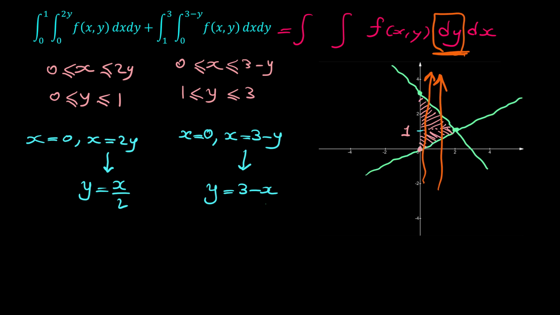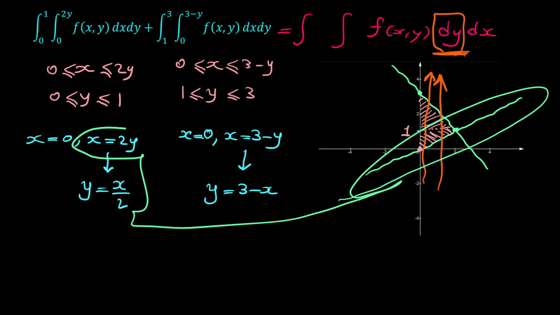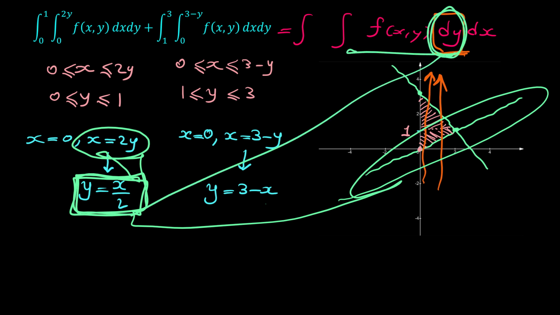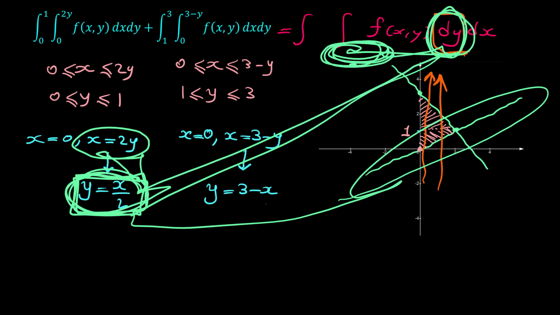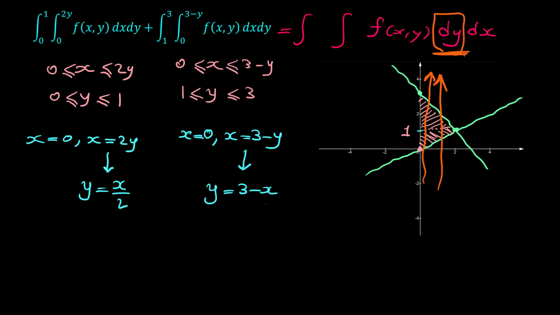The equation of this line is x equals 2y, or y equals x over 2. Here we want to write the lower limit of y, so we use this equation. So y starts from x over 2. So the lower limit for the integral is x over 2.